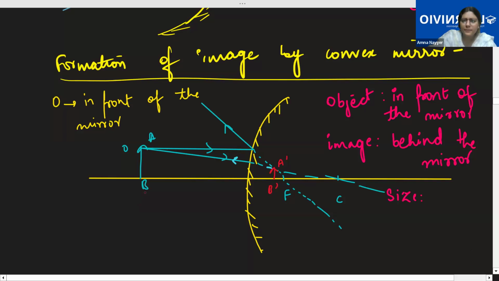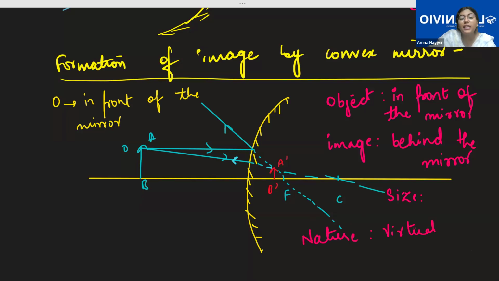Yeah, virtual and erect. That is completely correct, Janak, but that is the nature. You have told me the next point. I was asking about the size, but he is right. This is virtual because the actual rays are not meeting, and definitely not inverted. We can see it clearly from the picture. This is erect. What can you all say about the size of the image? Compare it with the object and then answer.